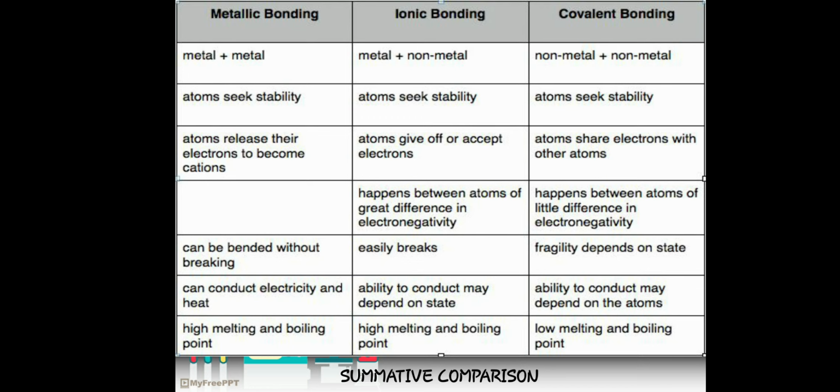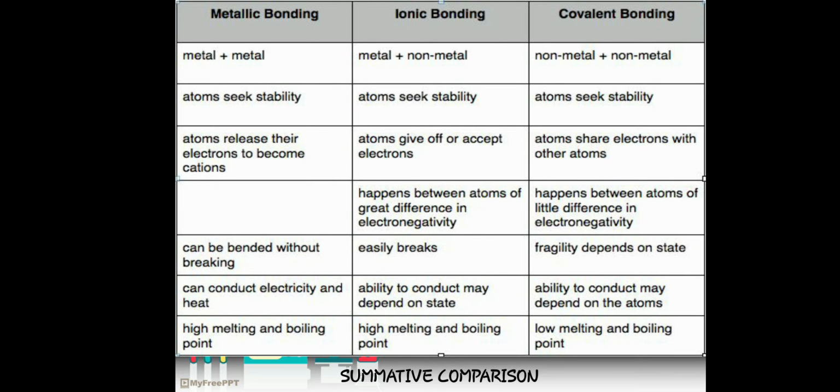Okay? Metallic bond can also bend without breaking. Ionic bond breaks easily, but in covalent bond, fragility depends on the state. This is what I was saying: you can share easily but you cannot break easily. You can break it through bond energy.